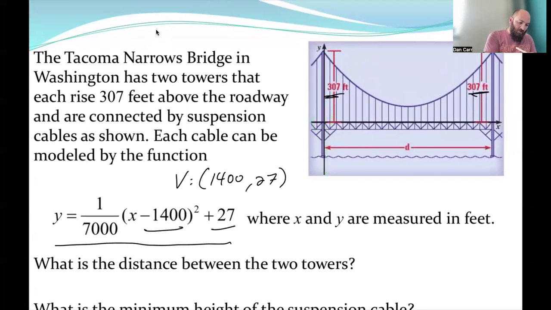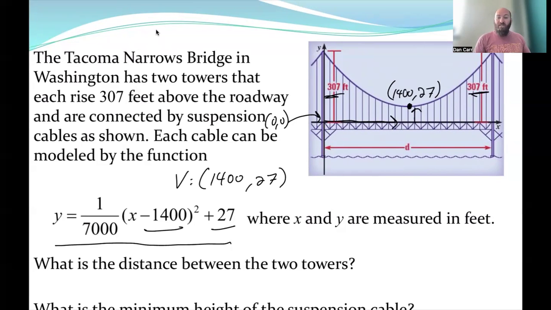We're going to treat this as the origin, (0, 0). So that means the vertex right here is 1400 feet this way, and then 27 feet up. That's where my vertex is in terms of this bridge.